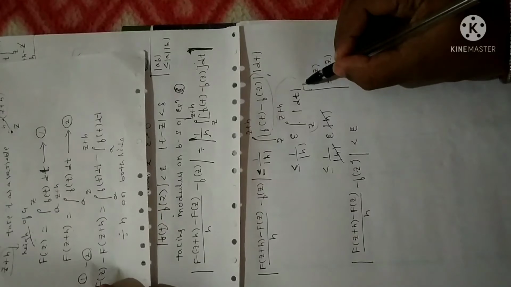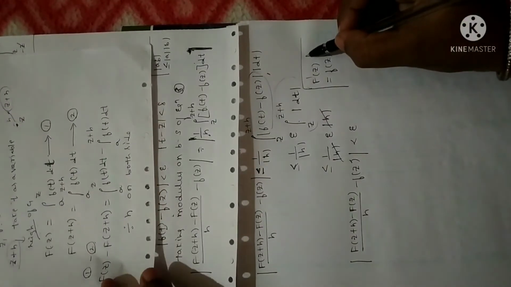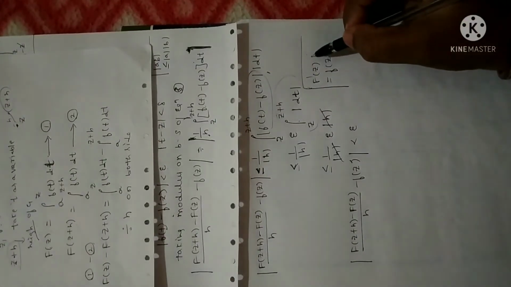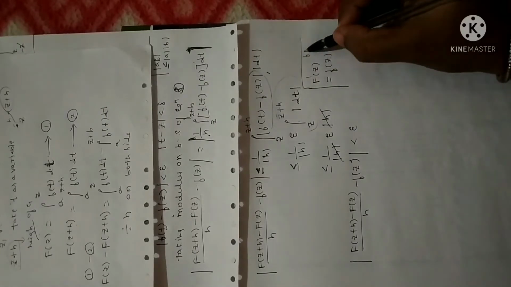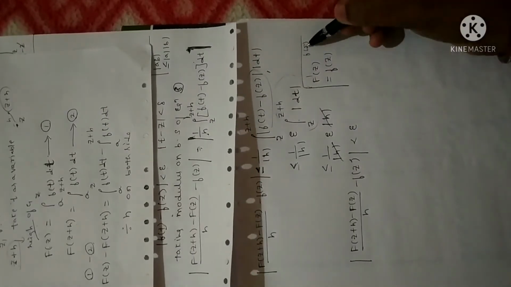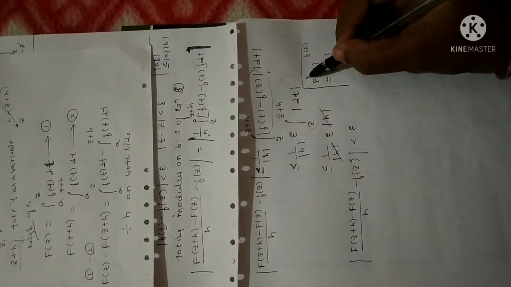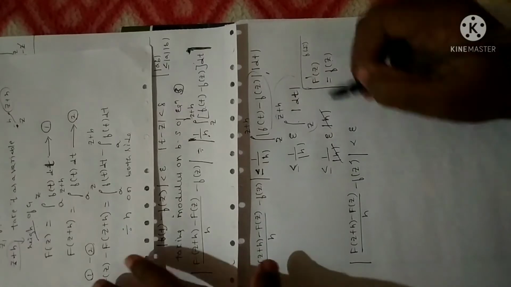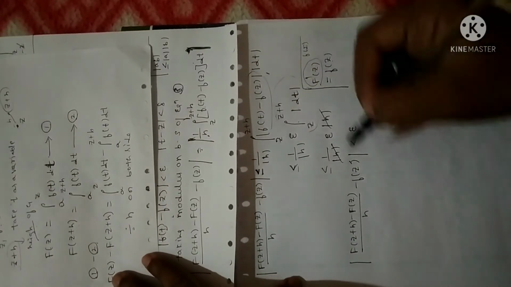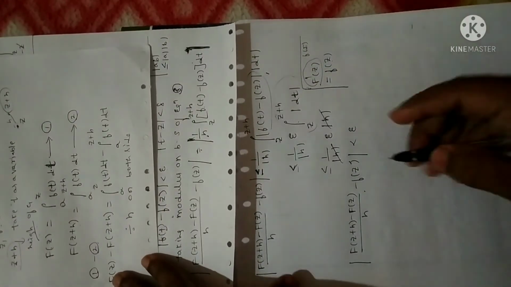I am repeating once again, a function f is analytic only when it is differentiable at all points. So proving f of z is analytic is equivalent to proving f dash of z is equal to f of z. Fine. That is why I am doing this. The definition of f dash of z I have to arrive at, so that is why I am doing all these manipulations.